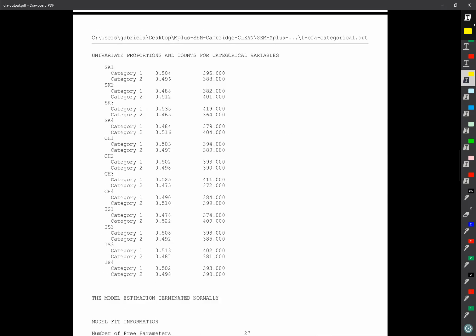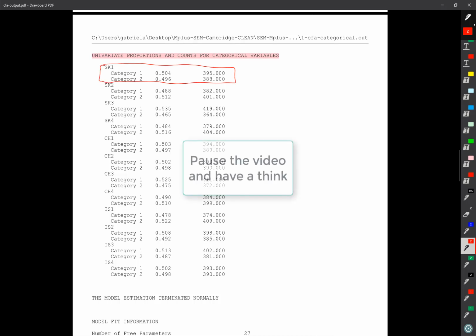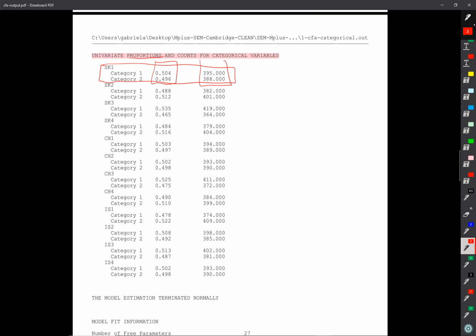We now get this section here, univariate proportions and counts for categorical variables. What do you think these numbers mean? Take for example these numbers here that refer to the first item on the self-kindness scale. Right, so the first 2 numbers here refer to proportions, and these 2 numbers here refer to counts.